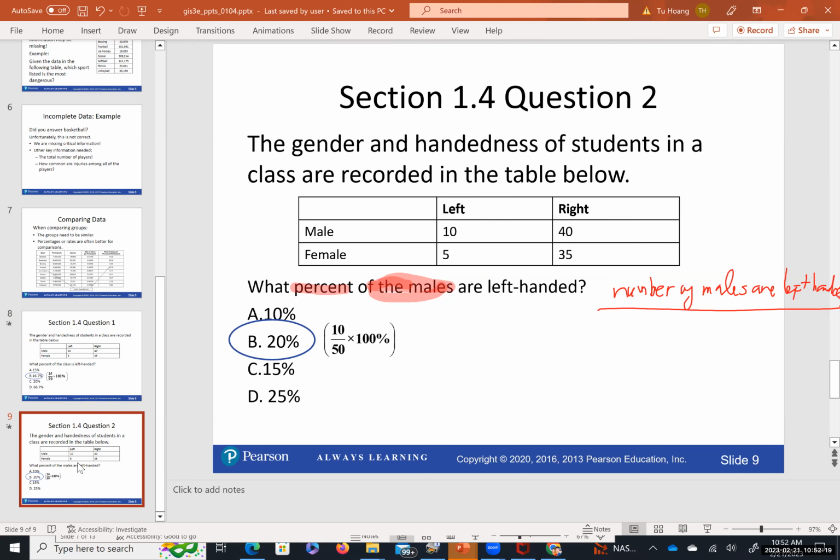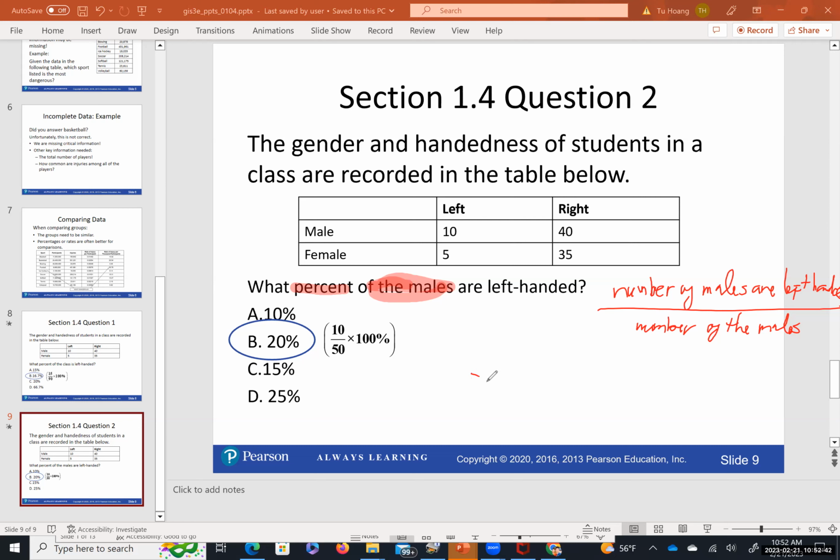So now, with the percent of the males, we mean the total is now the male people. Okay, the total of males. So the number of males who are left-handed divided by the number of male students, something like that. And then you multiply by 100%.